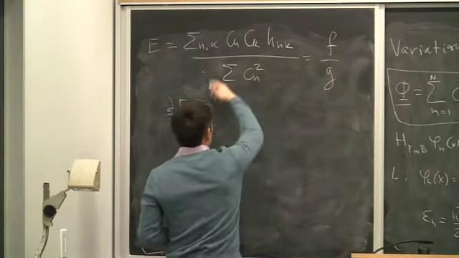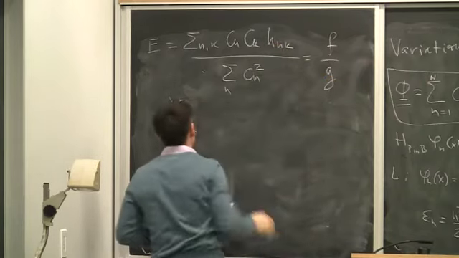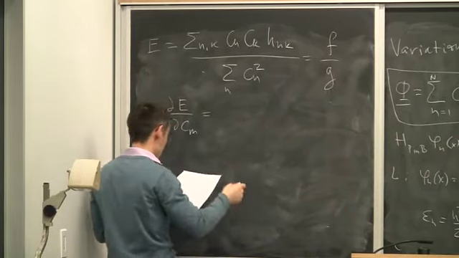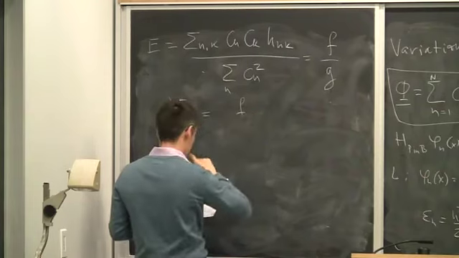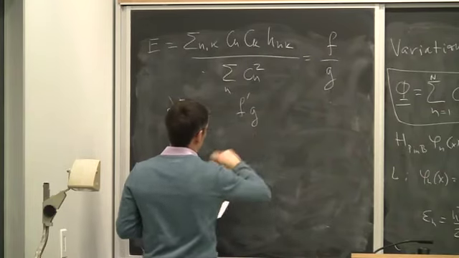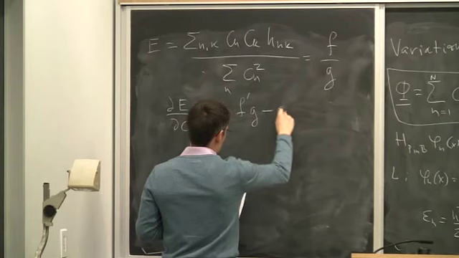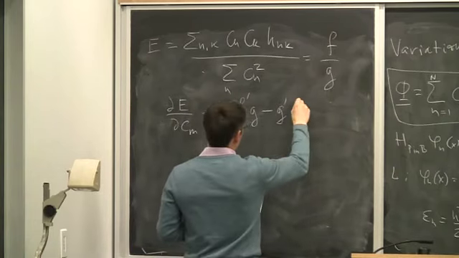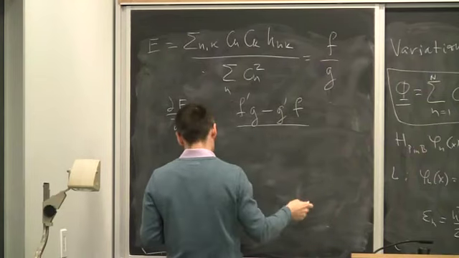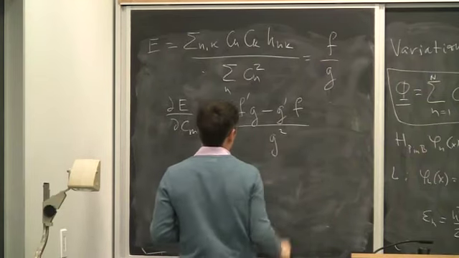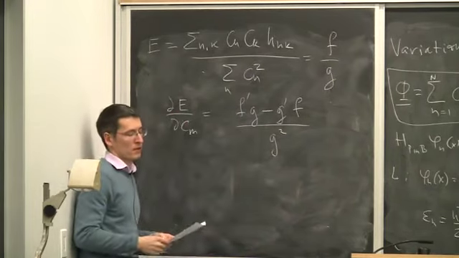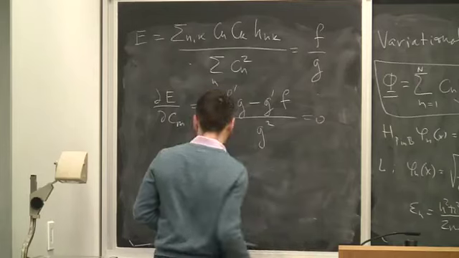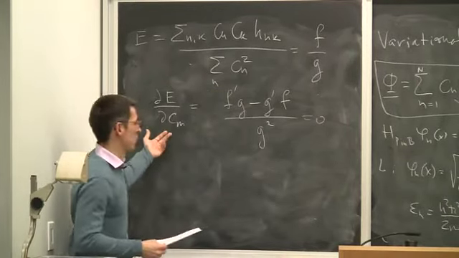So g is the denominator and f is the numerator. When I differentiate a function which is a ratio, I need to differentiate the numerator multiplied by the denominator, minus the differential of the denominator multiplied by the numerator, and divide by the square of the denominator, right? So you all have seen this equation, and this should be 0 because we're looking for a minimum.